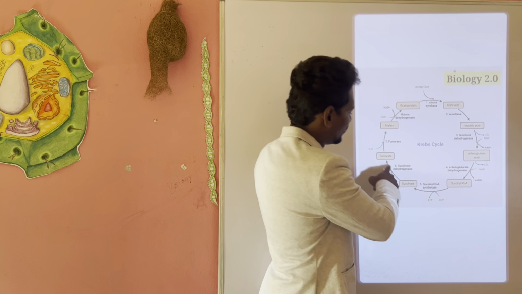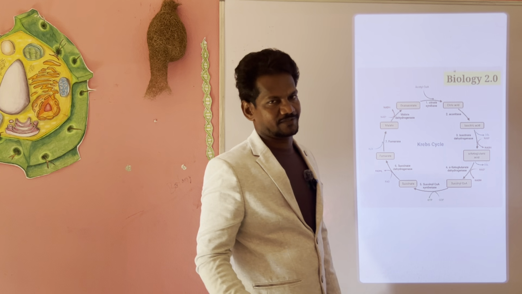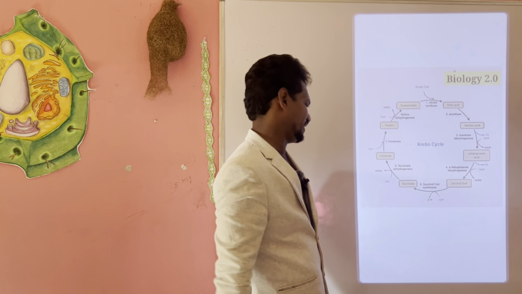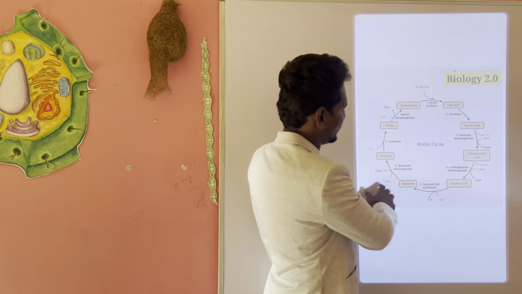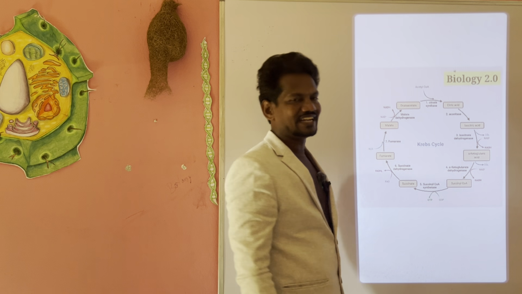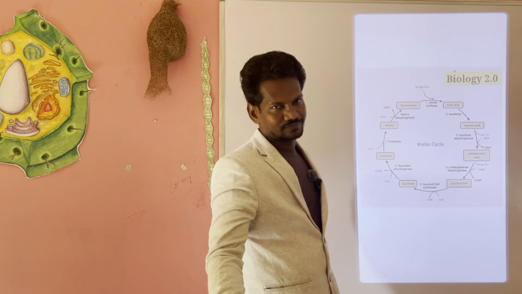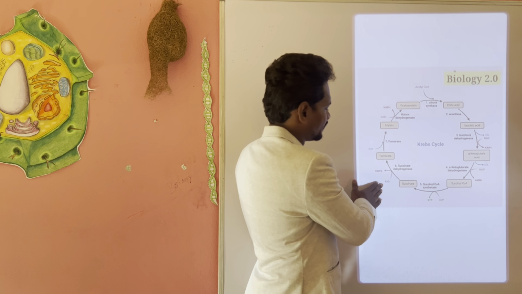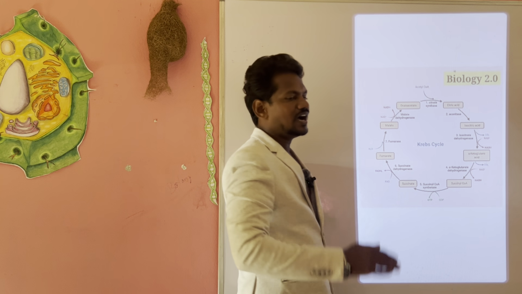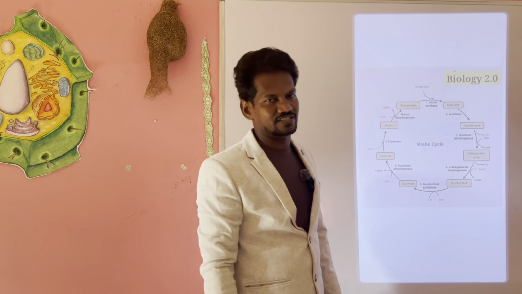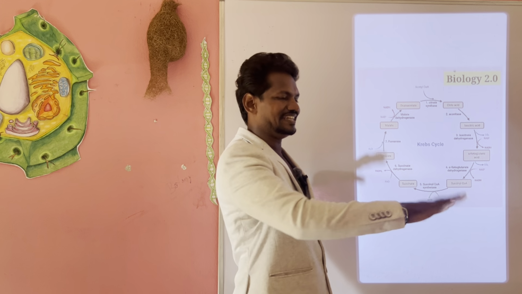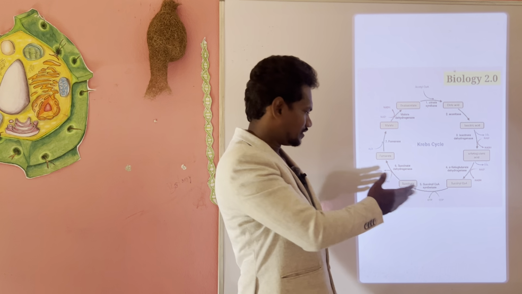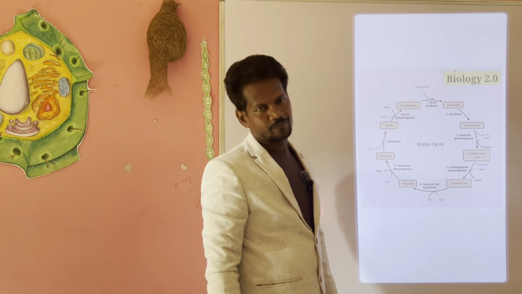Later, succinate will be converted into fumarate. The enzyme is succinate dehydrogenase. Here FAD is involved and converted into FADH2.